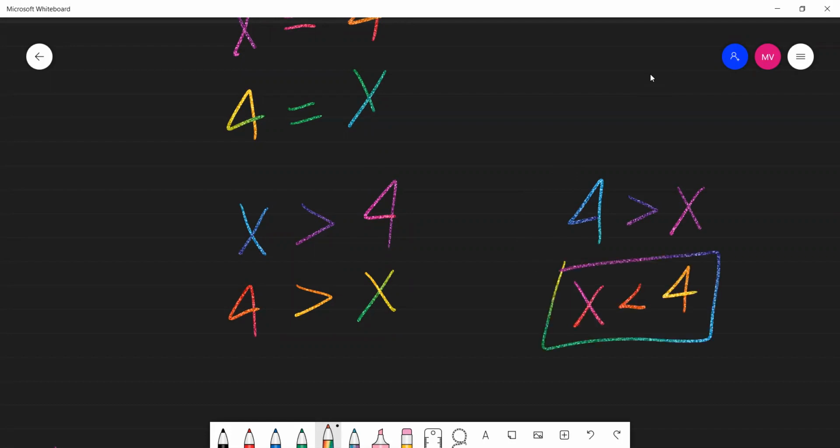So if I said that 4 is greater than x, does that mean the same thing as x is less than 4? Yes. Those are the same. Just wanted to review that really quick.